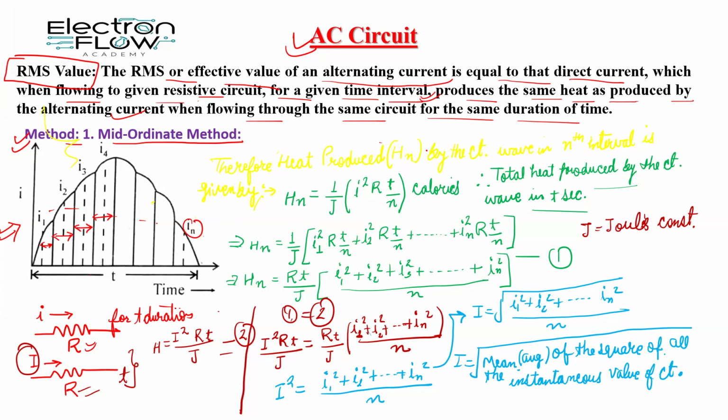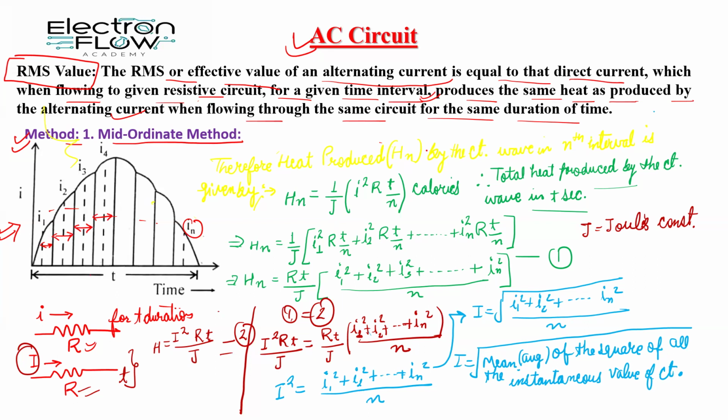By the definition, capital I is the RMS or the effective value. Thus, the RMS value of the alternating quantity is numerically equal to the square root of the mean of the square of all instantaneous values. Hence, the name RMS.